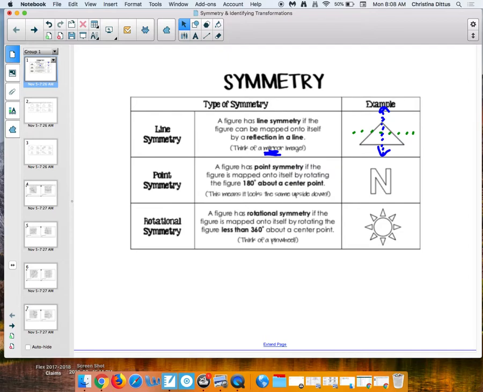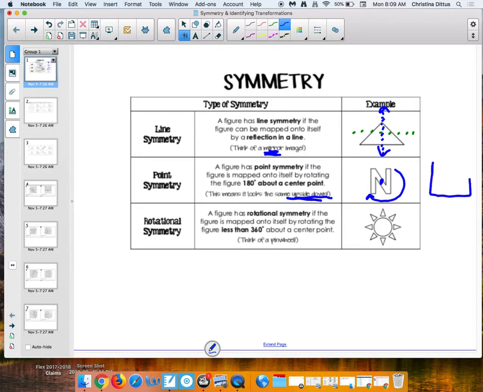Okay. Point symmetry is kind of like rotational symmetry. If it has point symmetry, think about it rotating 180 degrees. So in this case, if I put a little dot here and rotate it 180 degrees, I'm still getting the same image. Think of it like if it's upside down, or left, right.